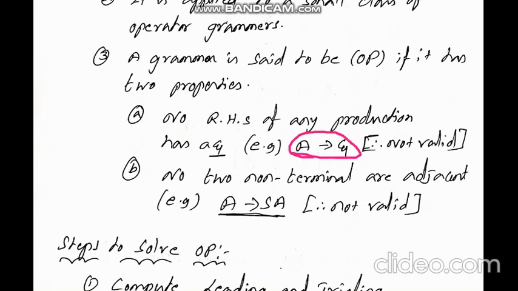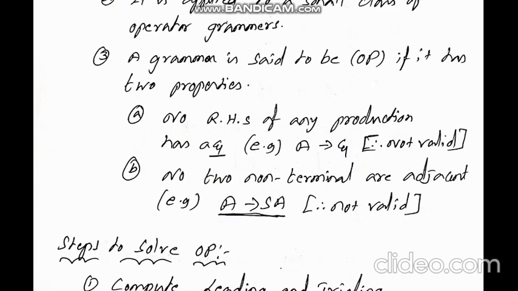And second, another not valid production: if A tends to capital S, capital A, you cannot find these types of grammar with adjacent non-terminals. These types of grammar are not handled in operator precedence.